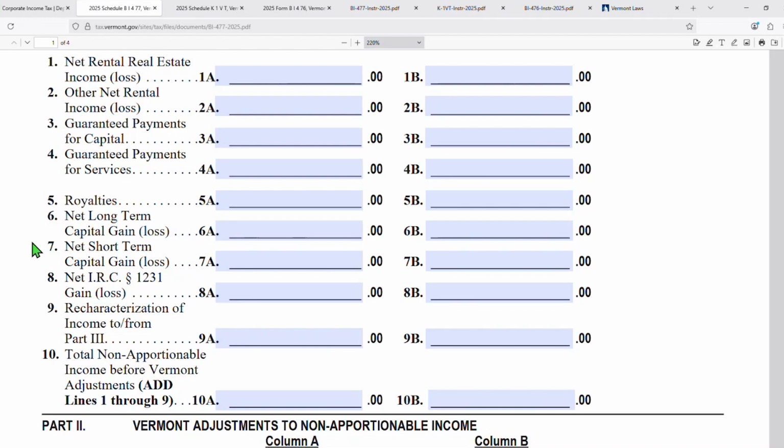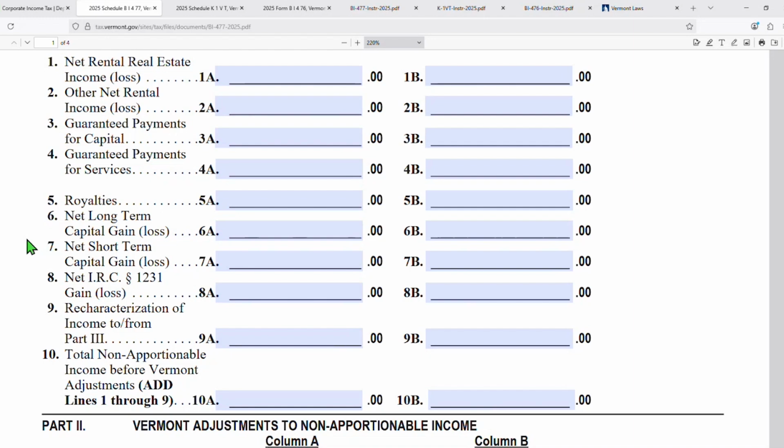You're going to be removing values on line 9A, and you're also going to be adding in values that you removed from the part 3 column A. Now, that might come to a change of 200, or a change of 8,000, or a million. Who knows? Whatever the amount is, at the end of the day, when you add and subtract all of those values together, that's how line 9 and line 20A work.